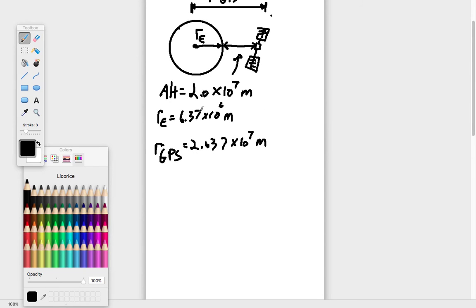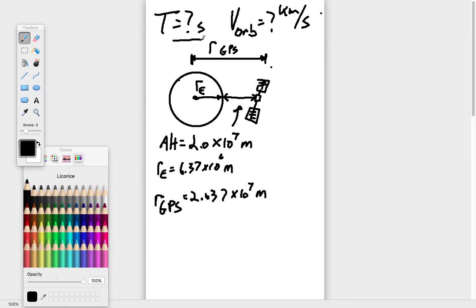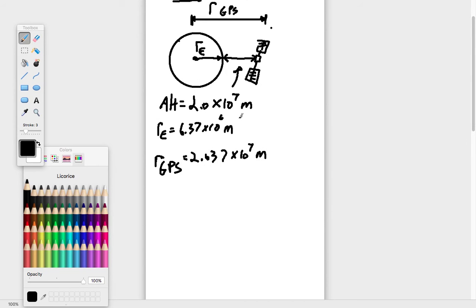Now what do I do? I'm doing this period problem first. Oh boy, ready for some math? Johannes Kepler was a scientist that figured out 3 laws, and Kepler's third law goes a little something like this. The orbital period of a satellite is proportional to the square root of the cube of the radius.